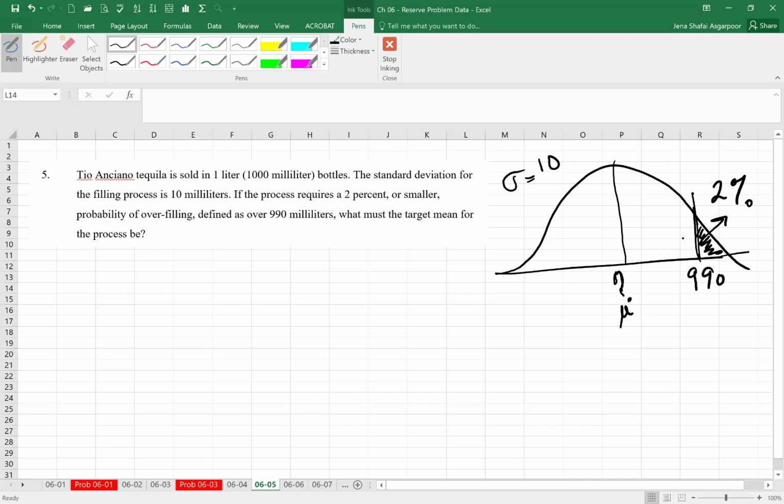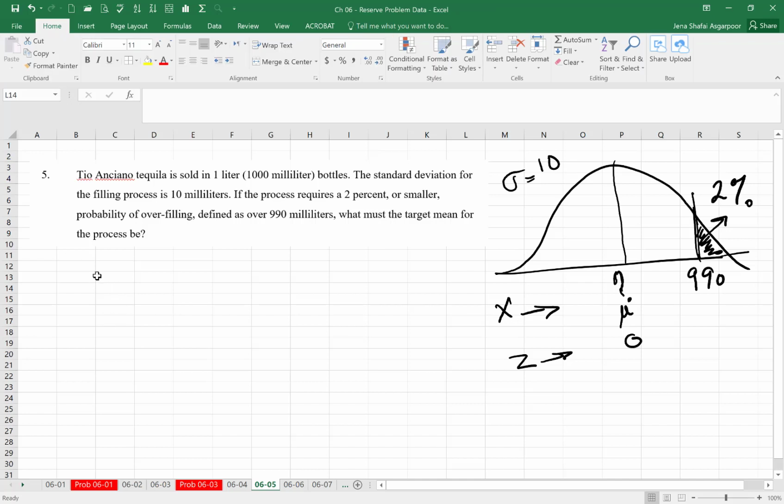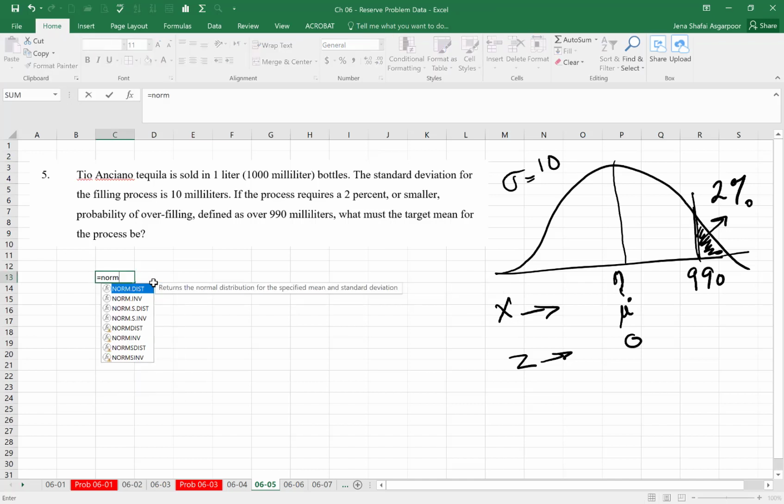We have enough information that we can compute the z-value associated with 990. And to do that, we can use the NORM.S.INV function, standard normal inverse function.